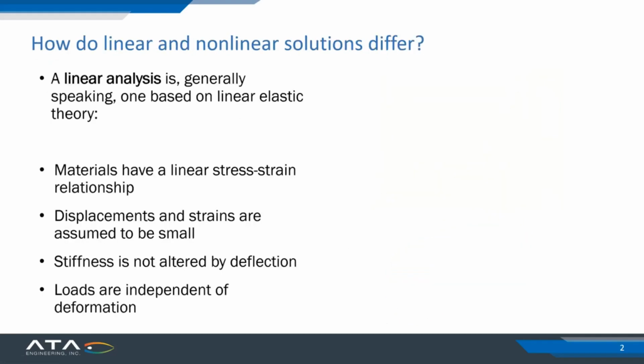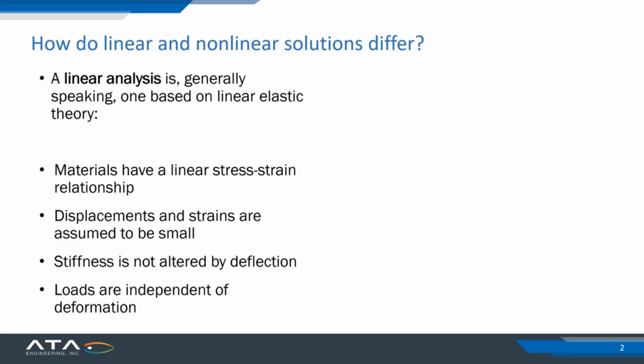Since we want to talk about nonlinear, we need to compare them to linear solutions. Just as a reminder, linear analysis is based on linear elastic theory. So your materials are going to have linear stress-strain relationships. Your displacements and your strains are assumed to be small.